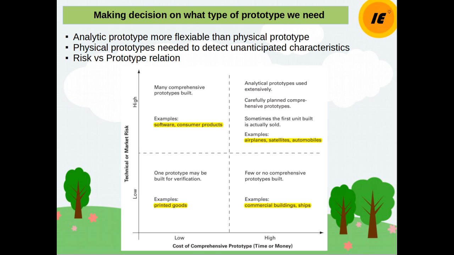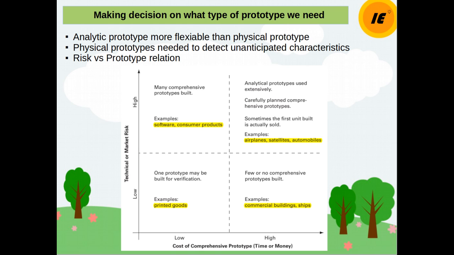If the cost of making a comprehensive prototype is low, and if the risk of the product is low, risk of the product being low means basically that if you create a bad version of the product, you are not losing a lot of money. Then one prototype may be built for verification.